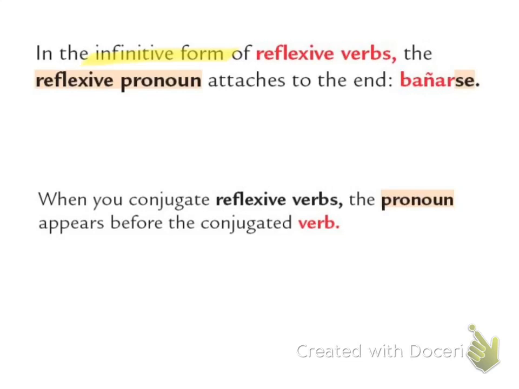Yes. With the infinitive, you're going to attach. With the conjugated verb, it's going before. So that is your placement for your pronouns. Infinitives attach, conjugated verbs come before. Okay? Preguntas, questions?